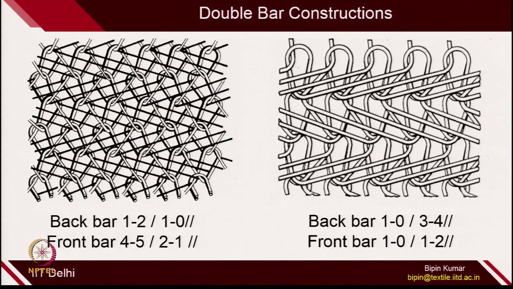In double bar construction, as I already told, there are 2 sets of bars. So, definitely you need to follow the chain link sequence for each individual guide bar.